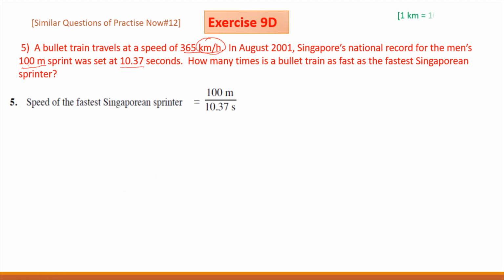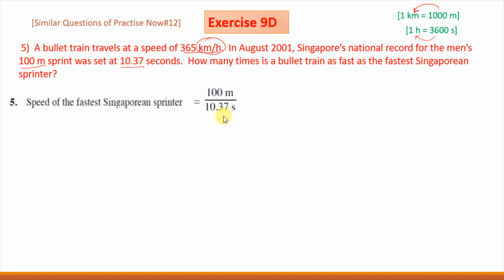We will equate the units, and we know that in 1 kilometer there are 1000 meters. So when you convert the meter into kilometer, you will divide. Fine. So 100 divided by 1000. Whereas in the denominator, we know that 1 hour is equal to 3600 seconds. And when you convert the second into hours, you go from smaller to bigger and you will divide.